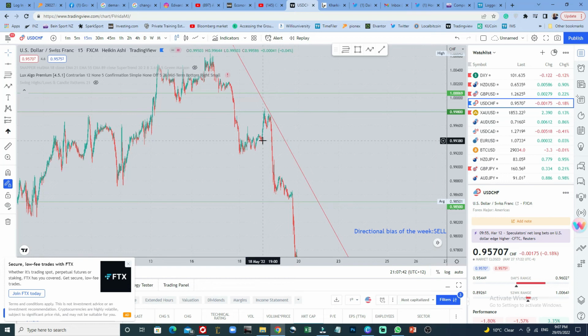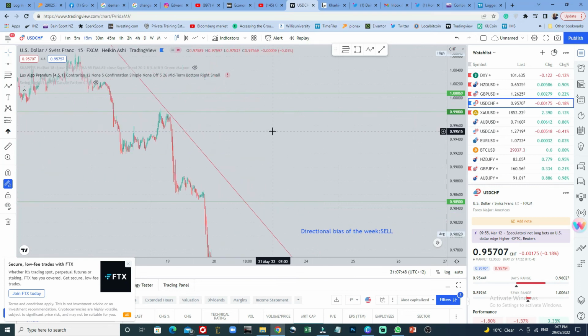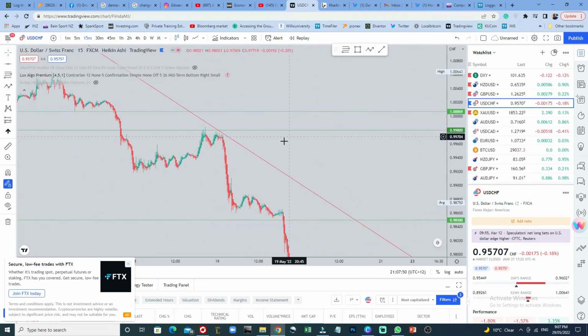Let's assume the market was here, it went up here, it rebounced, it came up here again, and you can see that there was some rejection here, and you can see wicks.